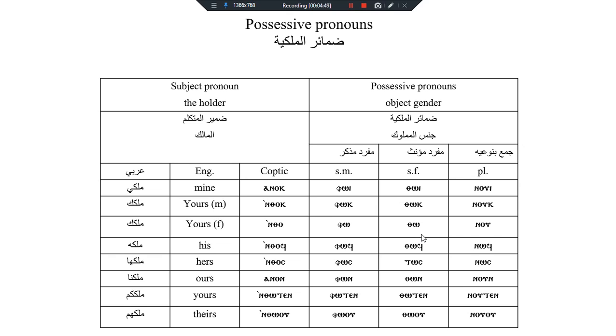Fo, so, nu means yours for feminine. Fof, sof, nof means his. Fos, sos, nos means hers. Fon, son, non means ours. Foten, soten, noten means yours. Fu, su, nu means theirs.